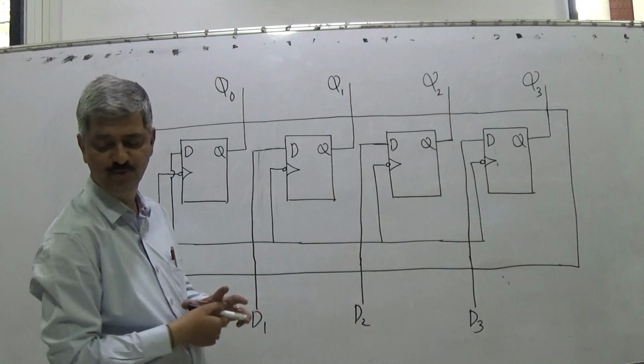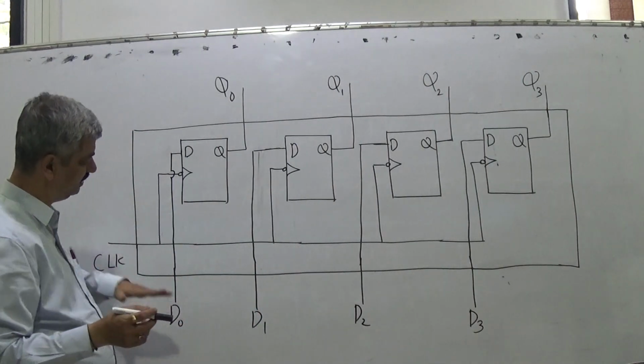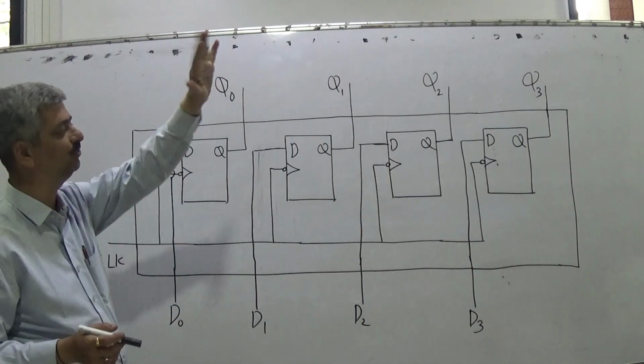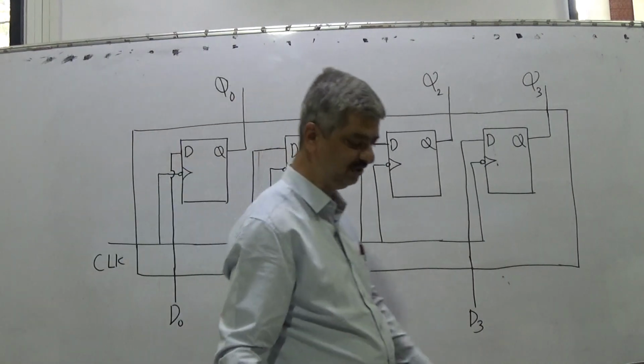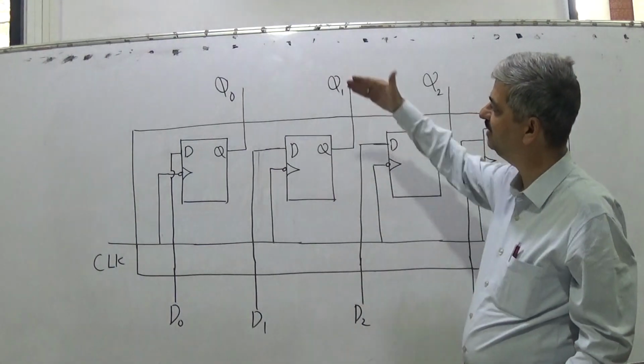So it is just 4 D flip-flops taken together. When I put clock, D0, D1, D2, D3 will be transferred to Q0, Q1, Q2, Q3. This is how we can put some value in the register.